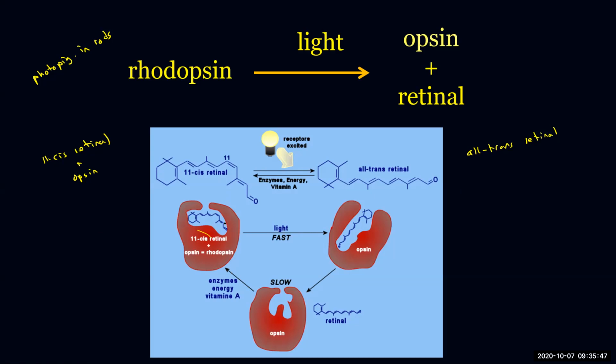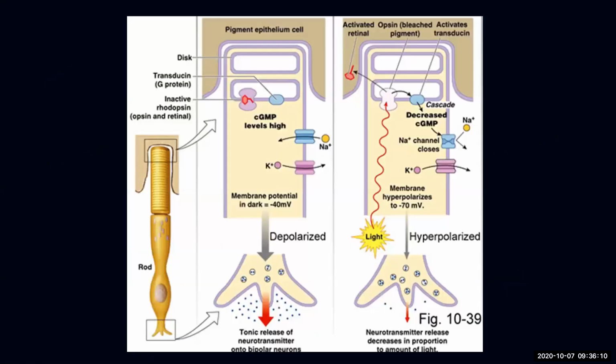Now, when we get this conversion, this is going to have effects on the biochemistry of the photoreceptor. Okay, so I'm going to go through that in a minute here. Now, photoreceptors are nutty.